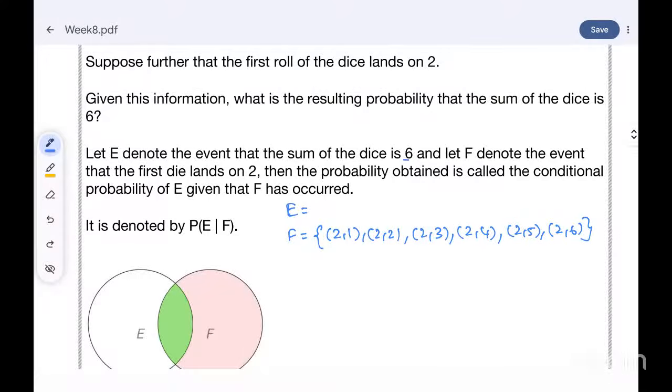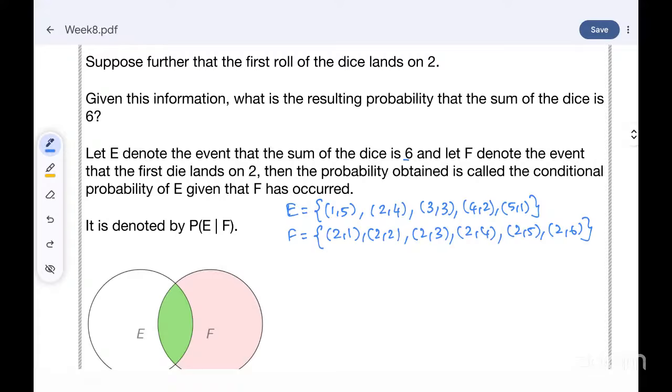What are the entries in E? 2 comma 4, 1 comma 5, 3 comma 3, 4 comma 2, 5 comma 1.